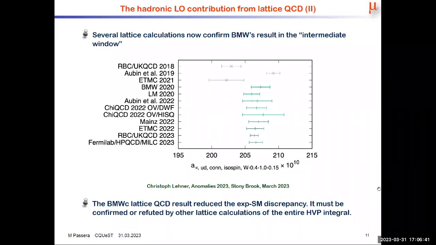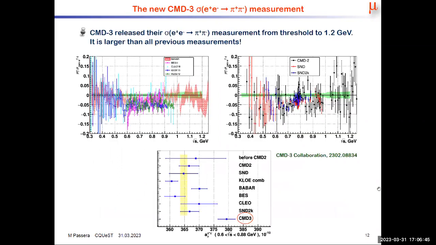This is already puzzling, of course, but to make the situation even more puzzling, if it's not puzzling enough for you, there is a new result that appeared very recently, a new measurement of the pi-pi cross-section.